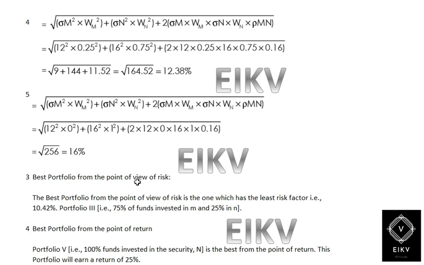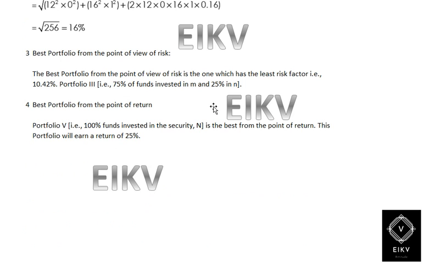When we check the best portfolio from the point of view of risk, it would be the one which has the lowest risk factor. So when we check here, 10.42, which is portfolio 3, that is 75% of funds invested in M and 25% in N, will be the best portfolio when compared on risk.